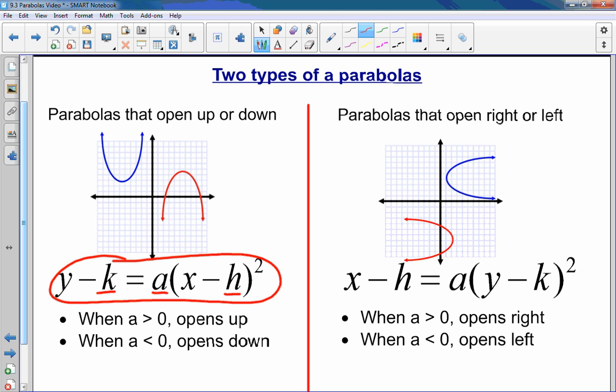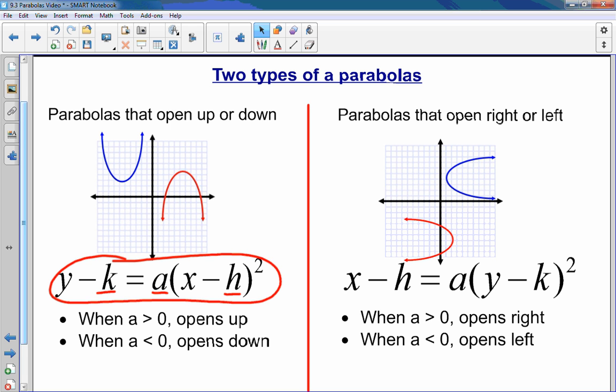If a is negative, it opens down, like this red parabola over here. Now, a also helps us determine the shape of the parabola. If a is a number like 2, -10, 4/3, then it's going to be a skinny parabola. If a is a fraction in between -1 and 1, like 1/2 or -3/4, the parabola is going to be fat in nature.